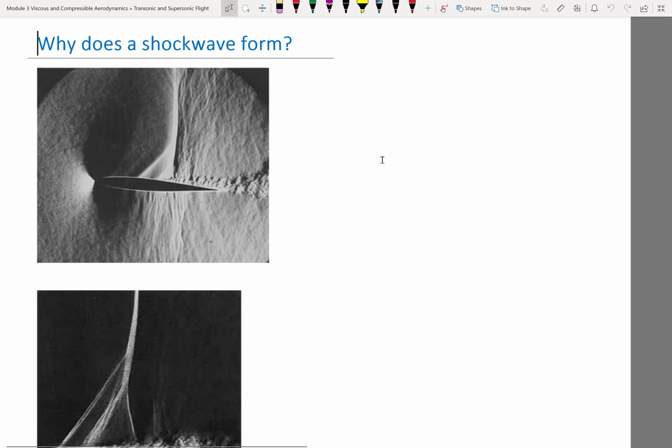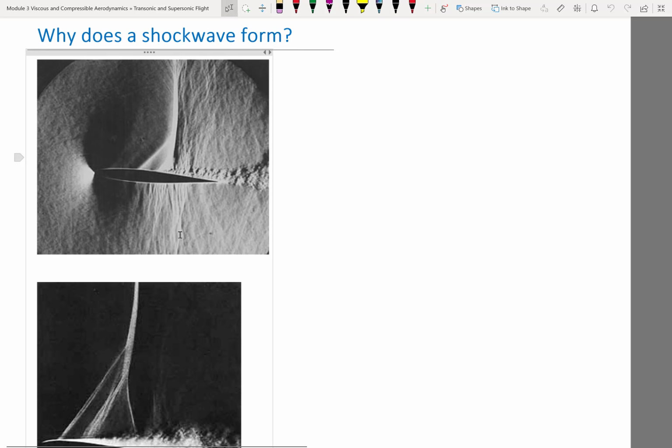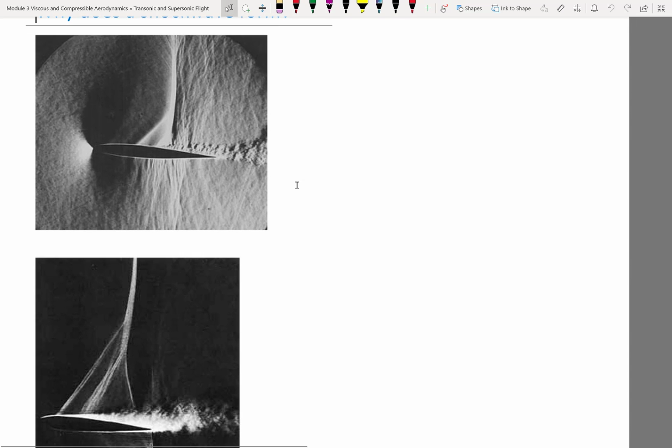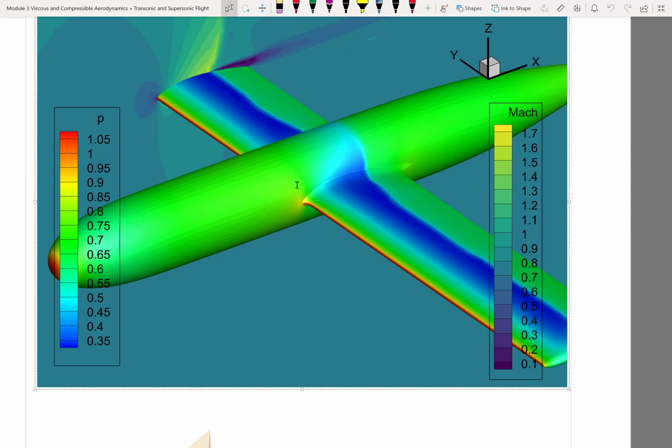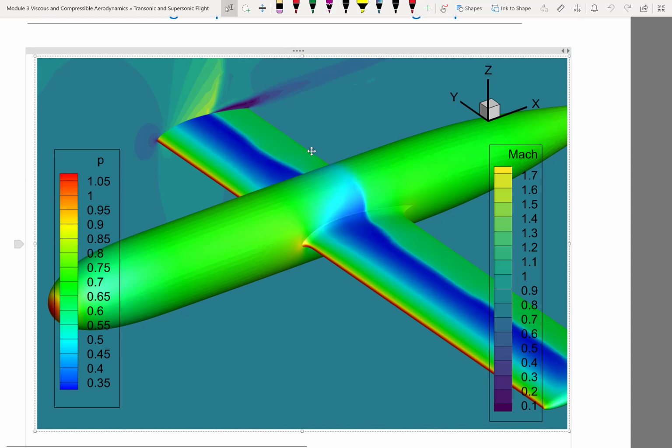So this is some flow visualization of the shock waves on airfoils. Oh, and sorry, one additional thing I forgot to mention in the calculation. Look at here. So this is the Mach number contour, right? Look at the dark blue region over here. That's very low speed, right?